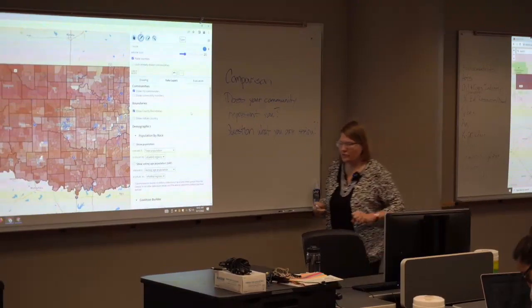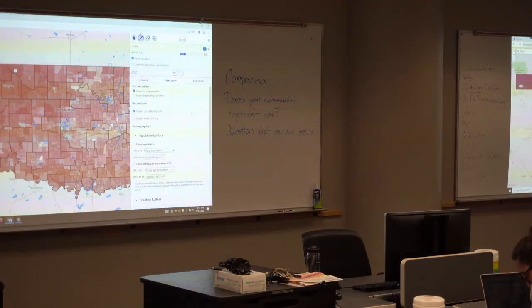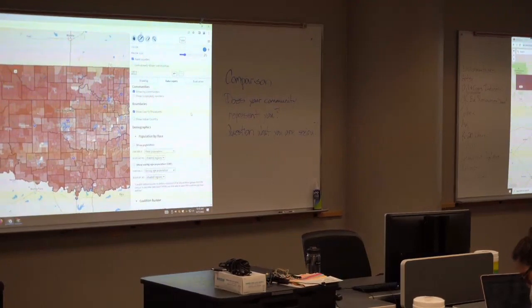So if you've got the voting age at 65% white, and when it says the total population is 60% white, that means that all of those people who are not a voting age population, the younger population, there's not as many of them.